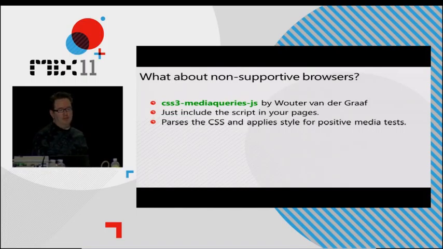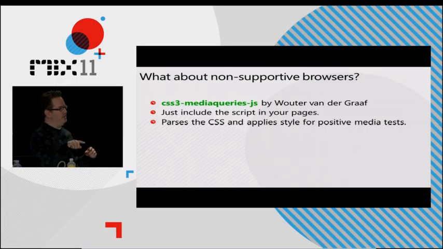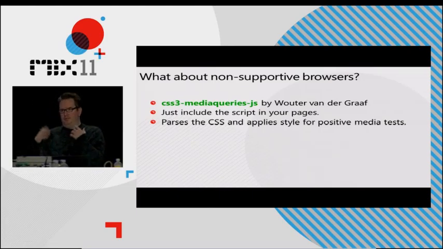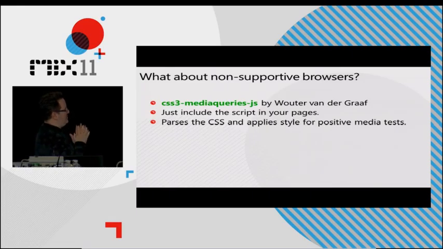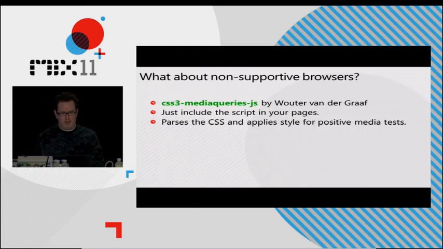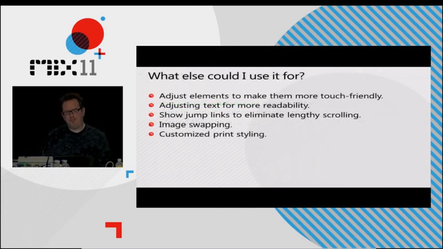All you literally do is include this script in your page, and it will interrogate your CSS media queries and handle them through JavaScript. Like I said, it's JavaScript, so it's not going to be native HTML5 like we've heard a lot of people talking about. But it does the trick, and it does it fairly well. So definitely use that if you plan on supporting other browsers.